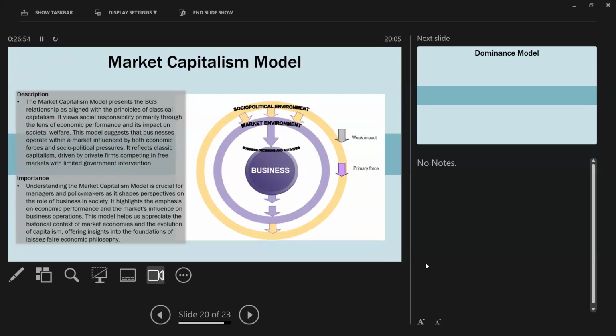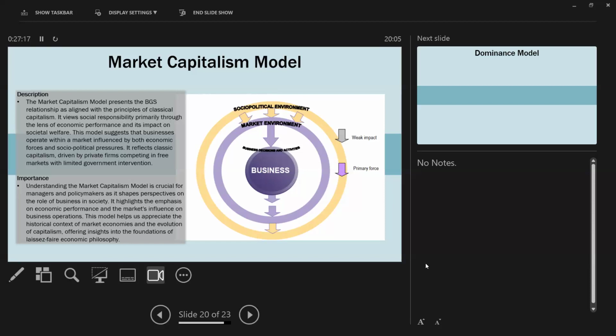The market capitalism model presents the BGS relationship as aligned with the principles of classical capitalism. It views social responsibility primarily through the lens of economic performance and its impact on societal welfare.